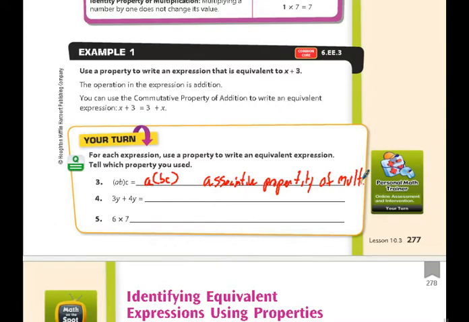So now I want you to go ahead and finish 4 and 5 on your own. Okay, so I did the first one for you. We did the associative property of multiplication. The next one, we have 3y plus 4y.